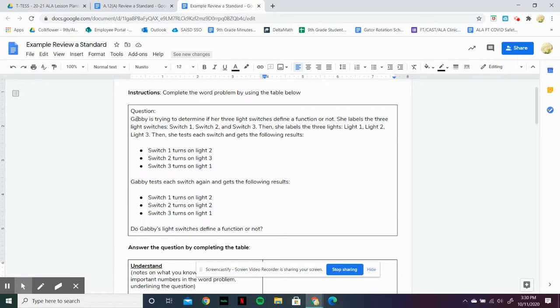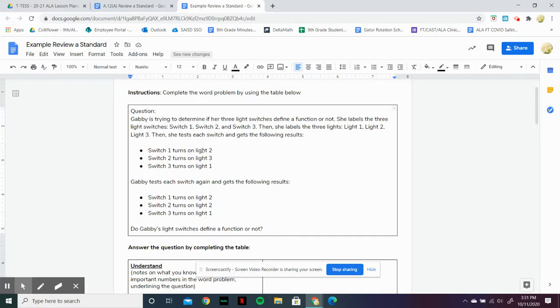So let's go to the problem. The word problem says Gabby is trying to determine if her three light switches define a function or not. She labels the three light switches switch 1, switch 2, and switch 3. Then she labels the three lights, light 1, light 2, and light 3. Then she tests each switch and gets the following results.